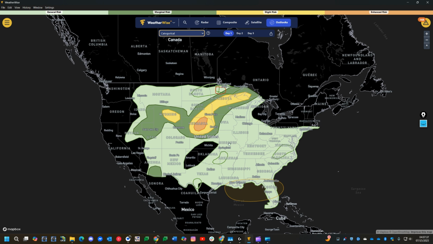Today we have a moderate categorical risk, enhanced, in Nebraska, extreme southeast South Dakota, slight risk Wyoming, up into Minnesota, and around the enhanced risk there.